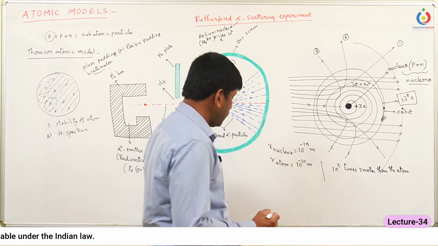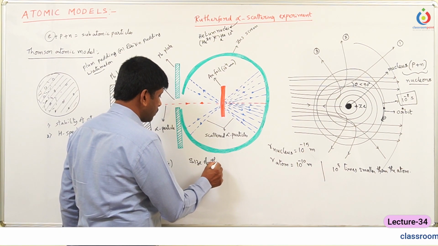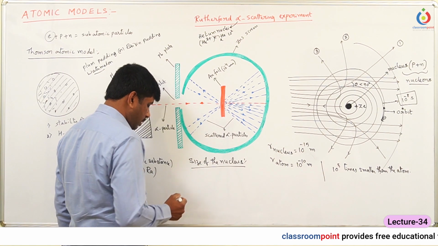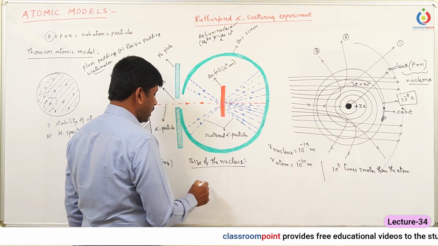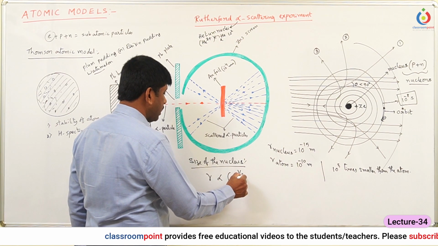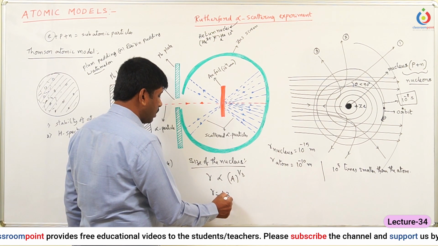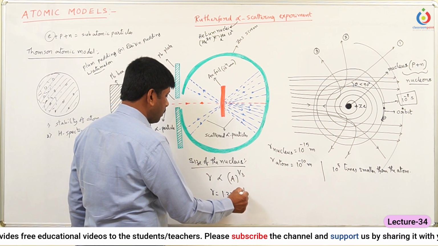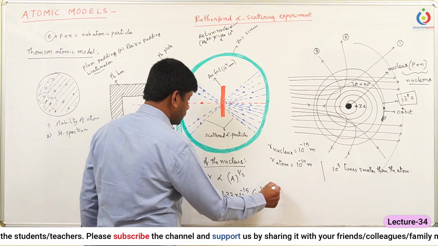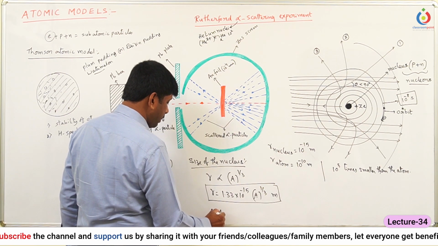The size of the nucleus can be calculated. The radius of the nucleus can be calculated for other atoms as: radius is directly proportional to A power 1 by 3. Or else we can give the constant value, 1.33 into 10 power minus 15, A power 1 by 3 meters, where A equals the atomic mass.